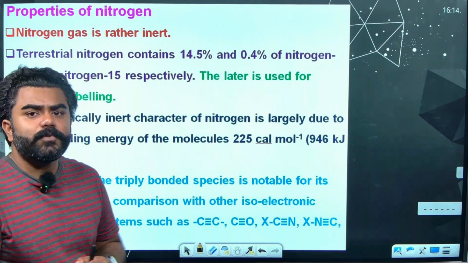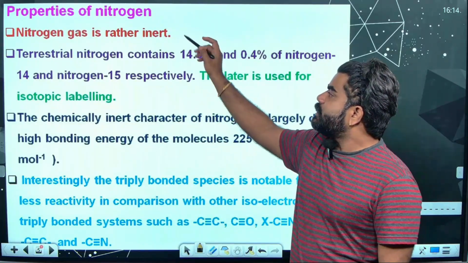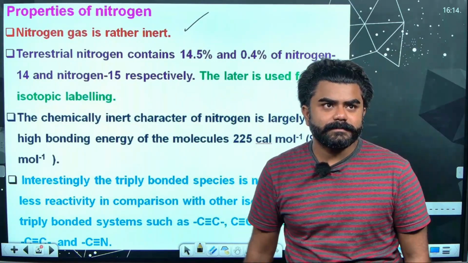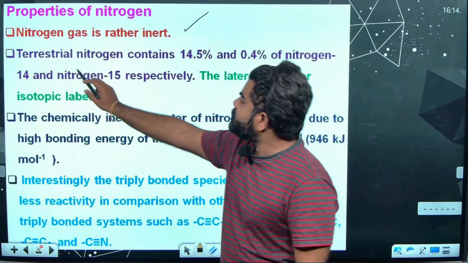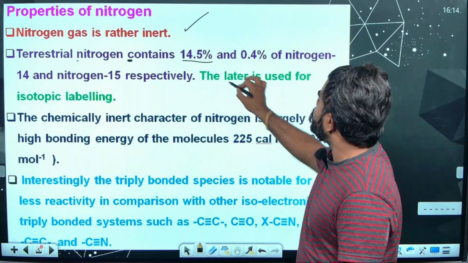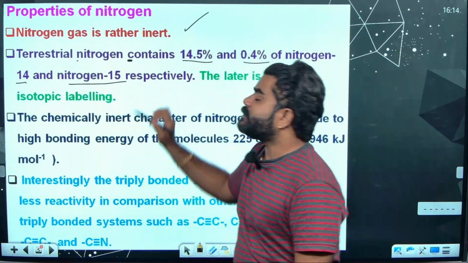Now let us see the properties of nitrogen. First, nitrogen is an inert gas. Then the terrestrial nitrogen contains 99.5% and 0.5% of nitrogen 14 and nitrogen 15.